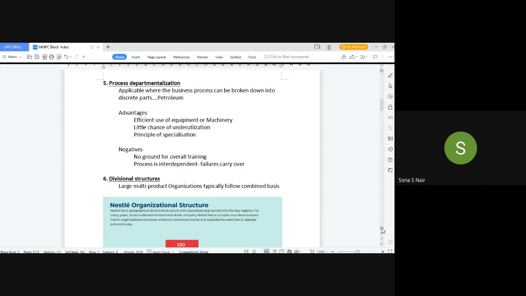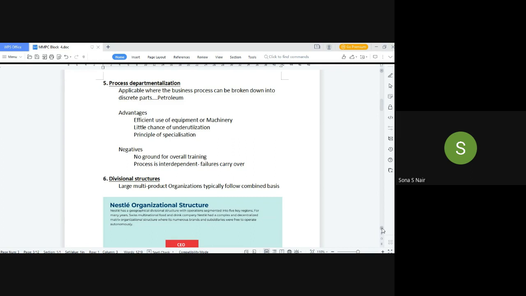The different stages of the process can be broken down, and then they can be made into different departments. We took the example of petroleum. So it is extracted elsewhere, or for that matter, any raw material is extracted in one place, processed in some other place, refined in some other place, and then ultimately used in some other place. Okay, what are the advantages? The advantages are efficient use of equipment or machinery.